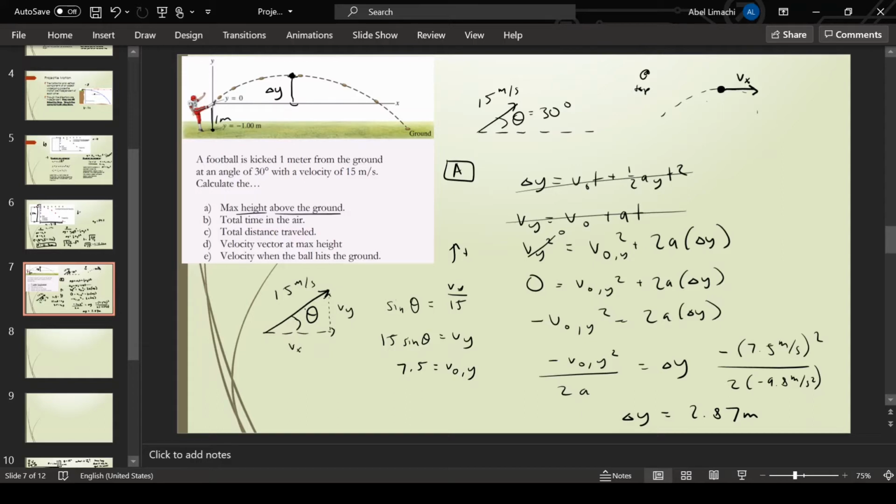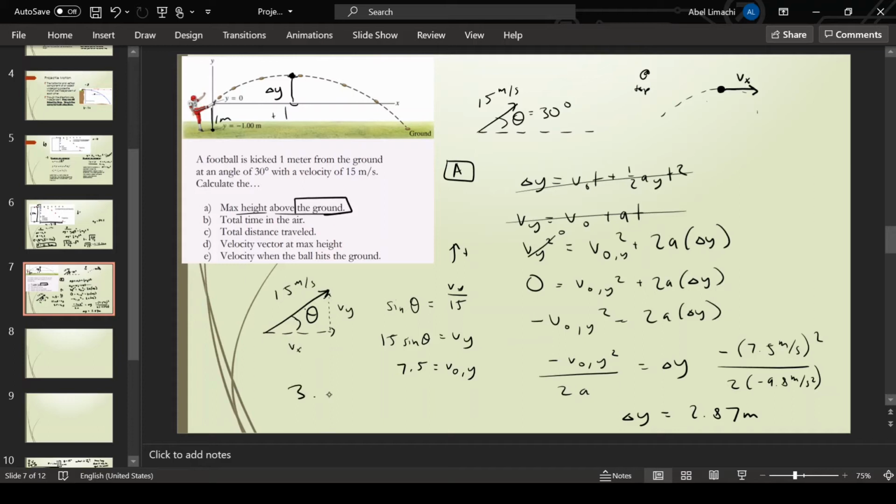Now, hold on a second. The maximum height above the ground. This kicker kicked the football 1 meter above the ground. So what we really needed to do was delta y plus 1. So this isn't the final answer.